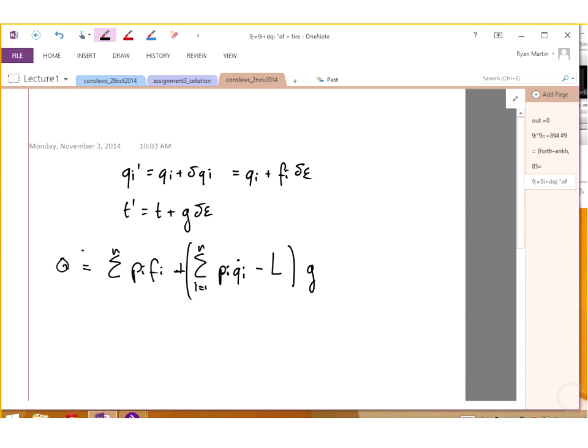So I've rewritten the delta qi as fi delta epsilon, and I've written the delta t as g delta epsilon, and delta epsilon is now the same in both terms, and so it can just be dropped, right?